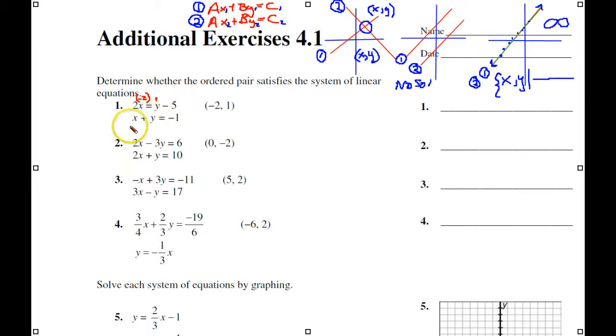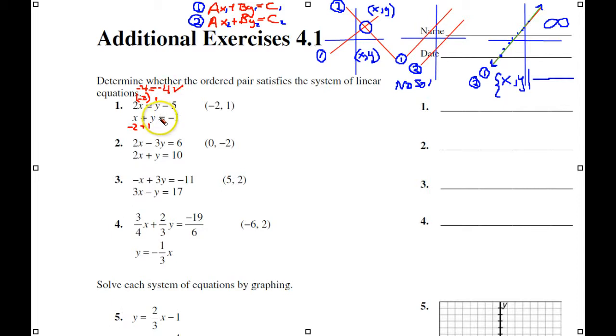And this is going to be a negative 2, and this is going to be a 1. Now, 2 times negative 2 is negative 4, and this is a negative 4. So this checks.